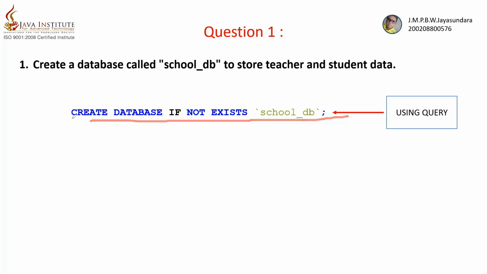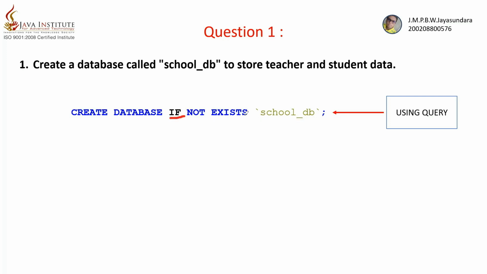So we use the create keyword to tell the database management system to create a new database. Here we have given what we are going to create, and then we have said if not exists, followed by our database name.